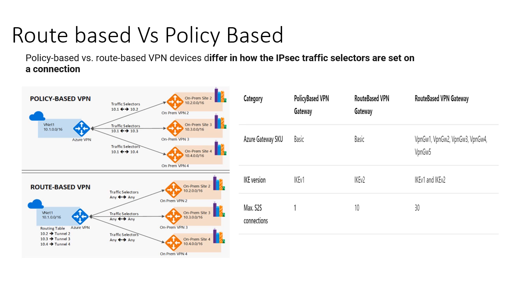And there are differences also in how many S2S connections you can have. With policy-based, you can create only one maximum. In Basic route-based, you can do 10, and it supports only the IKEv1 protocol, but route-based VPN gateway supports both. In the Standard SKUs of these types, G1, G2, up to 30 connections. Those are the main differences.